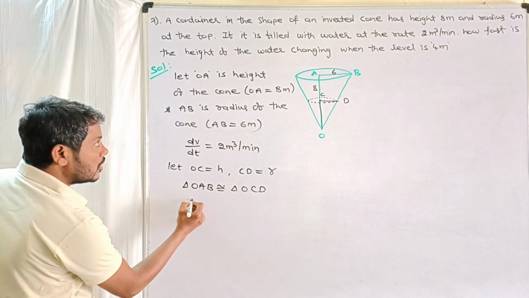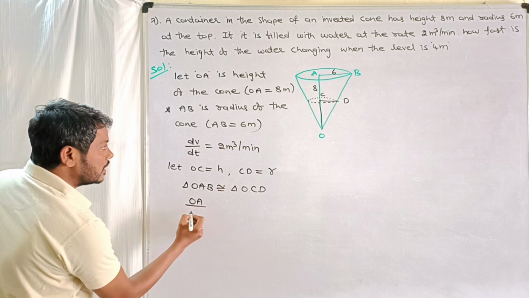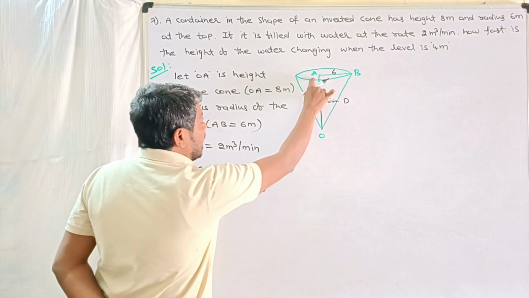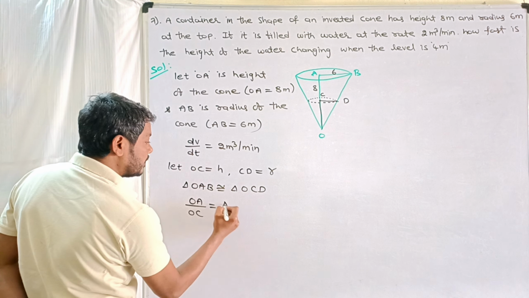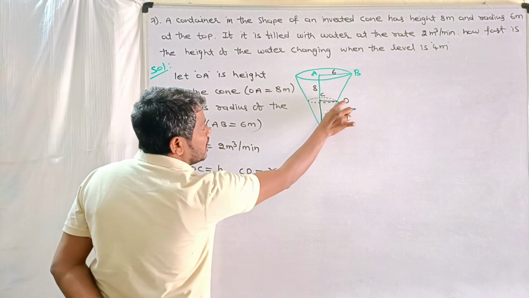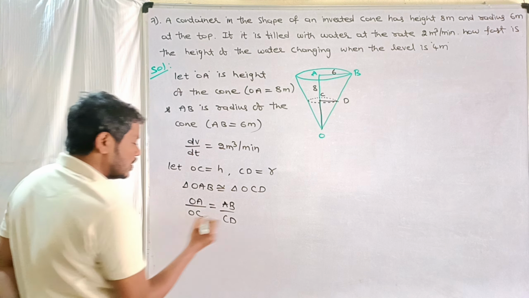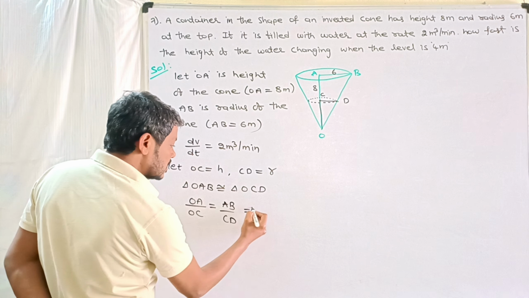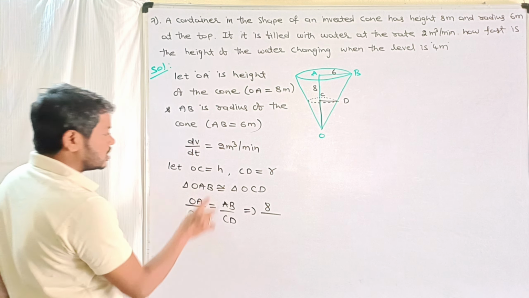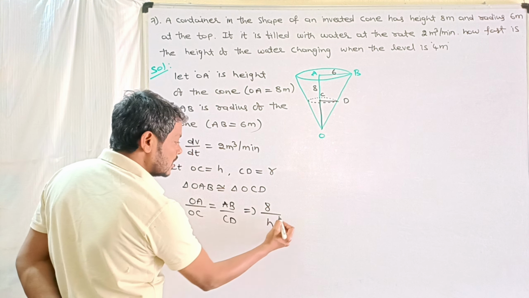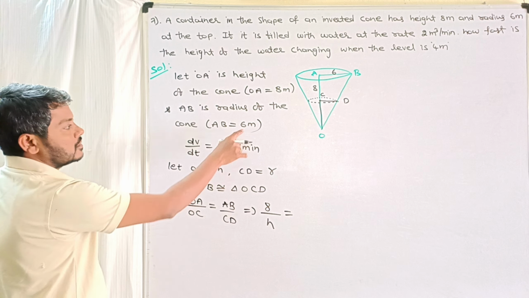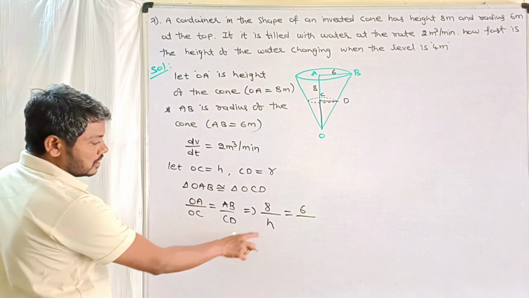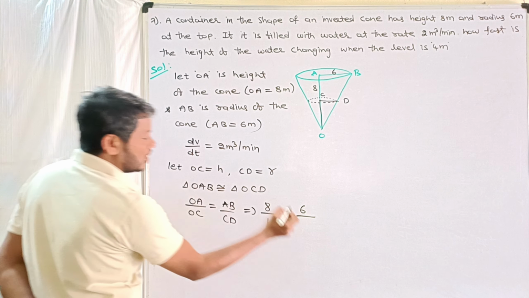That is OA by OC, and take the radius AB divided by the radius CD. OA is given as 8 meters, which is 8. What is OC? h. And this equals AB, 6, divided by CD, which is r.